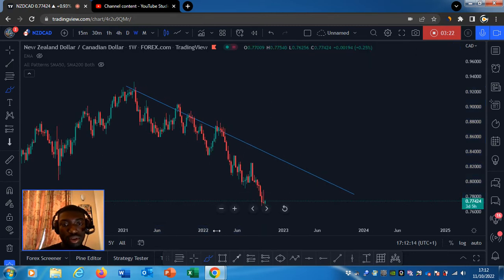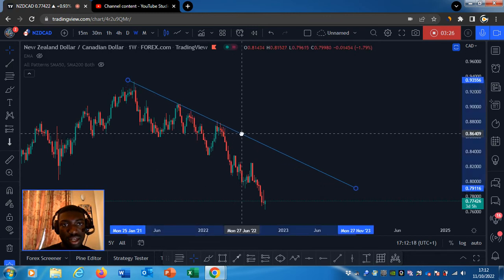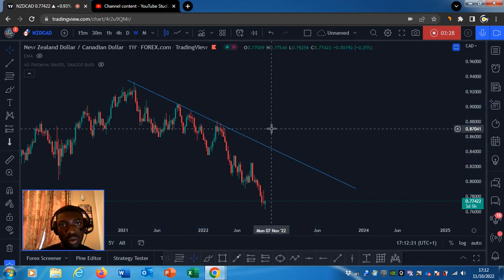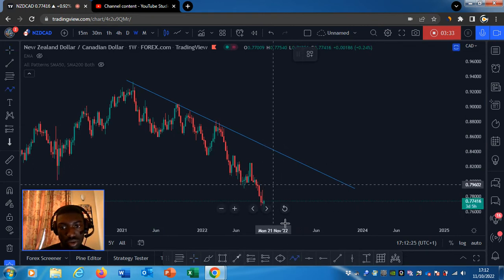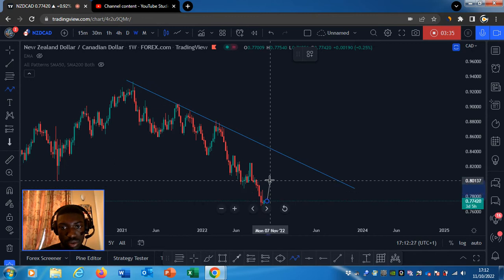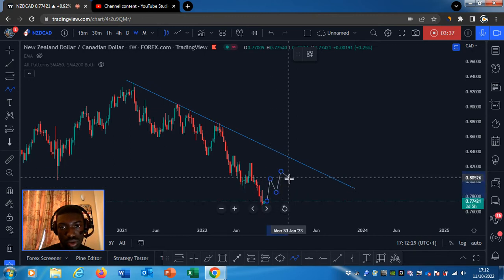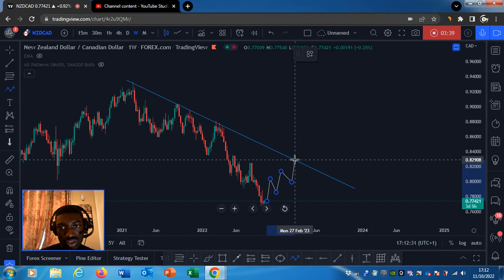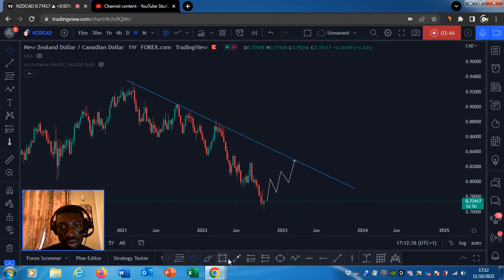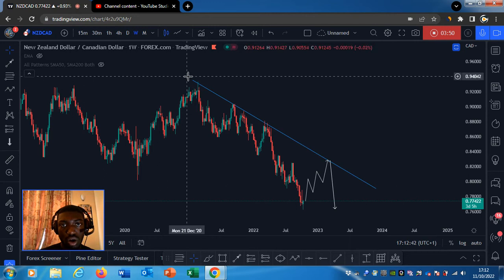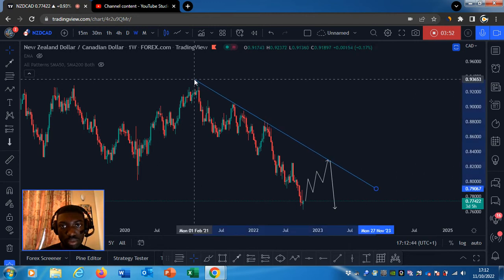Therefore, traders that use this strategy will be looking to enter the market when price goes and touches the trend line, to confirm maybe their possible entry to the downside. That's how a lot of traders do it.